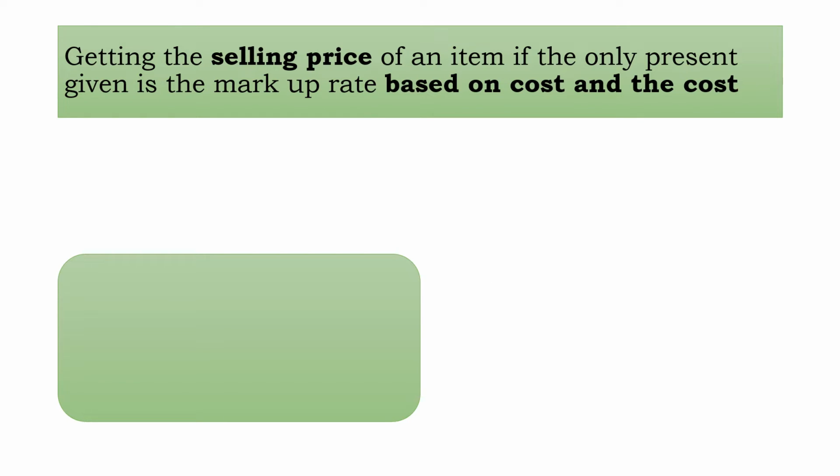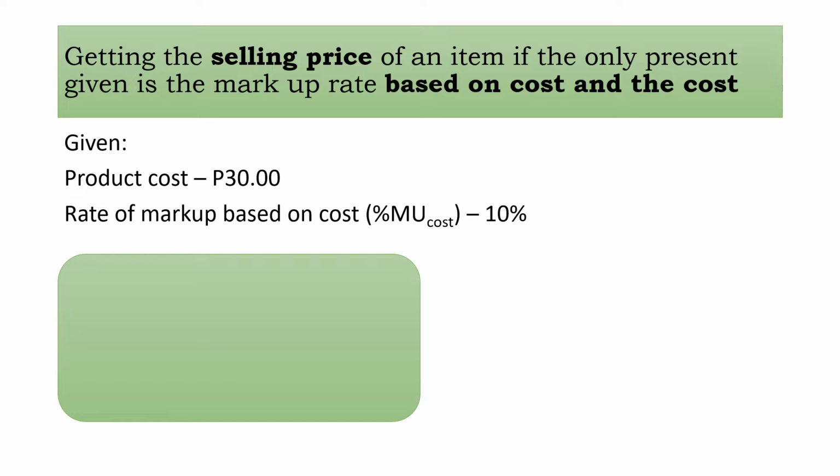But what if you are looking for the selling price of an item, but the only present given is the markup rate based on cost and the cost only? So, for example, the given are the product cost, which is 30 pesos, and the rate of markup based on cost is 10%. So the formula to be used is selling price is equal to cost plus markup.